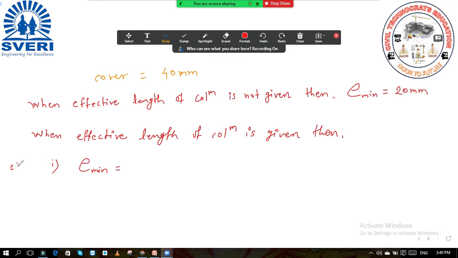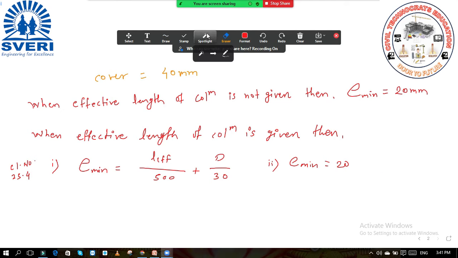According to clause number 25.4, E minimum is L effective, your effective length of the column, divided by 500 plus D by 30. And secondly, as usual, E minimum should be taken as 20 mm.